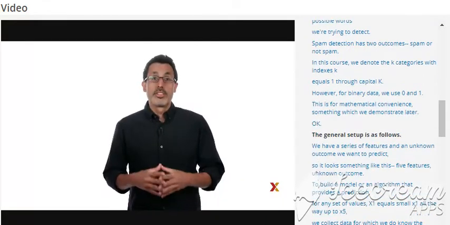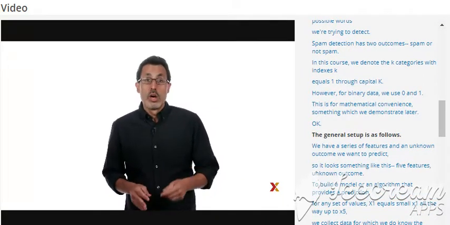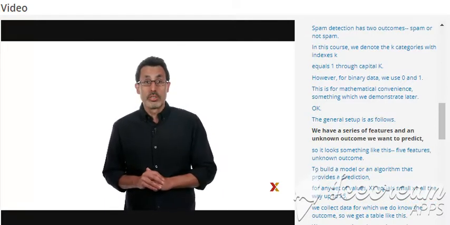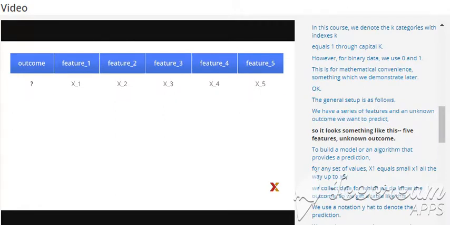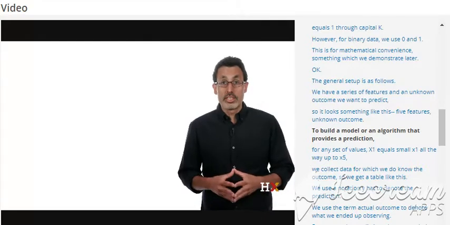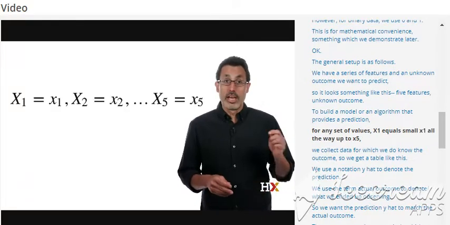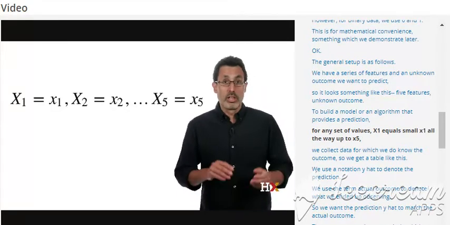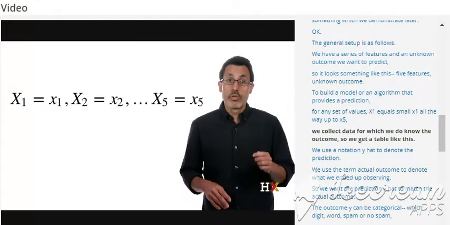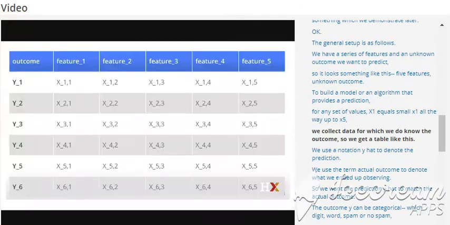Okay, the general setup is as follows. We have a series of features and an unknown outcome we want to predict. So it would look something like this, 5 features, unknown outcome. To build a model or an algorithm that provides a prediction for any set of values, x1 equals small x1 all the way up to x5, we collect data for which we do know the outcome, so we get a table like this.